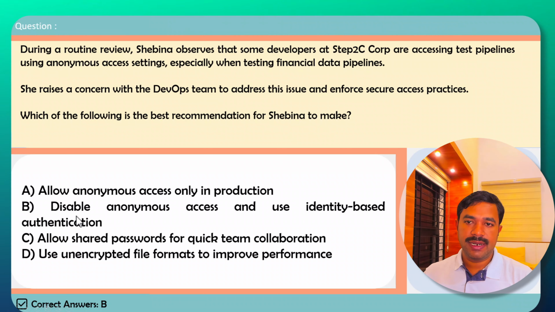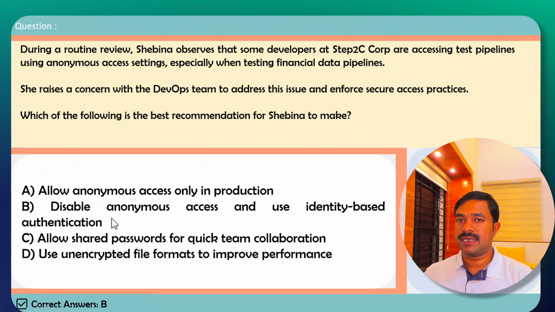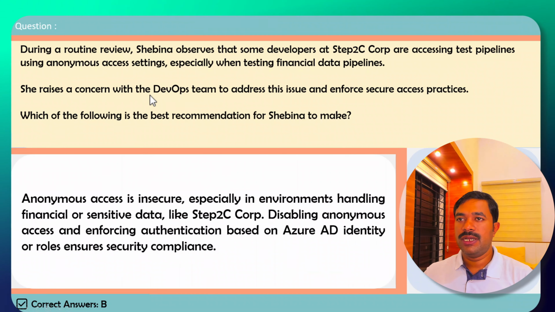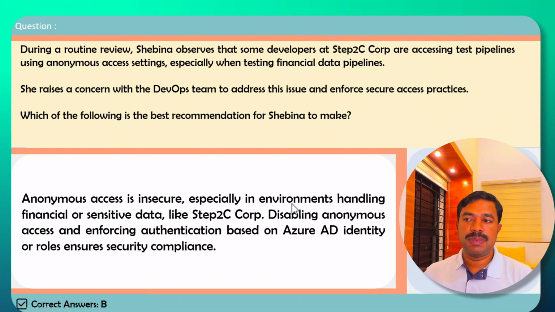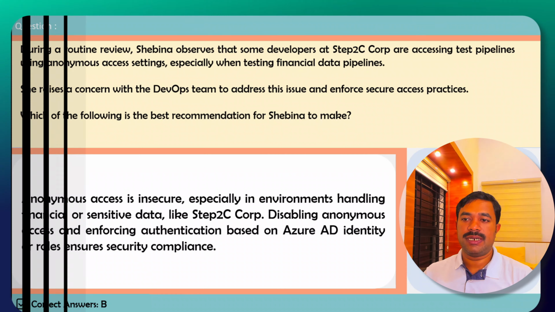We should disable anonymous access and use identity-based authentication, which is the right option to solve this kind of issue. Anonymous access is insecure, especially in environments handling sensitive data.